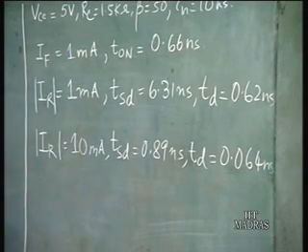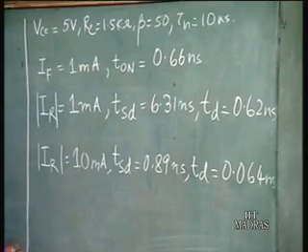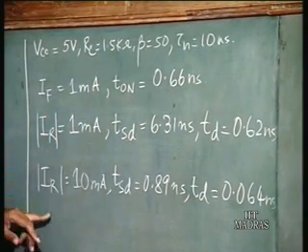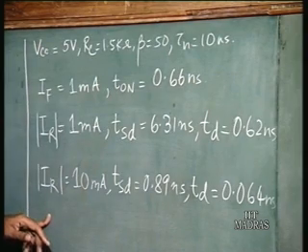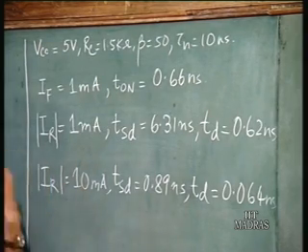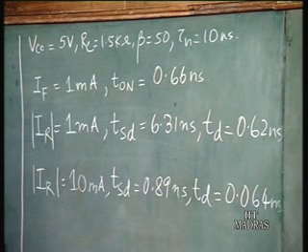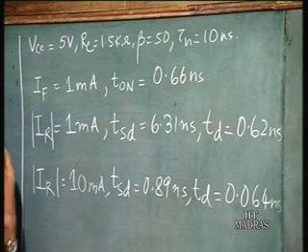So, what comes out of this? If you look at it, the reverse current is very important, how much reverse current is flowing, because it is the reverse current which is actually pulling out the charges. Excess base charge is pulled out when a reverse current flows. So, the larger the reverse current, the faster is the removal of the excess base charge.